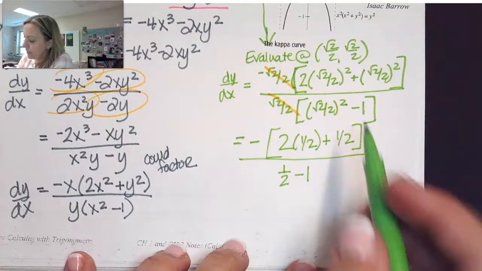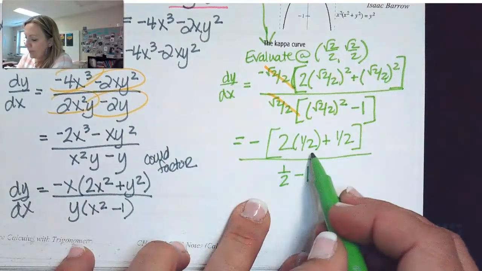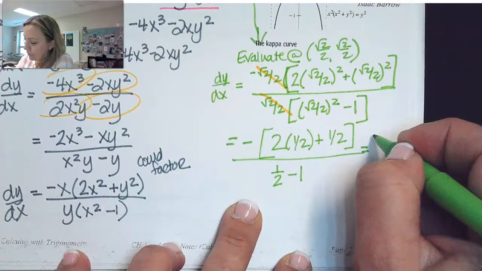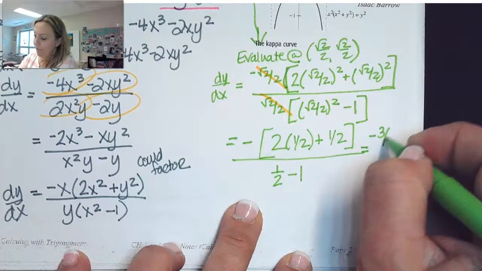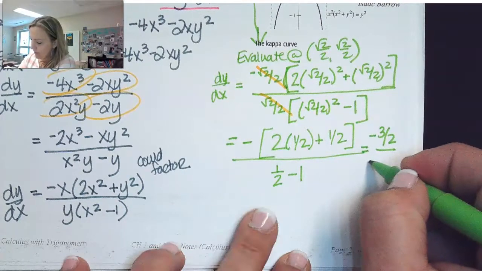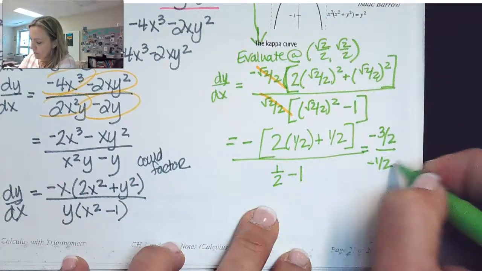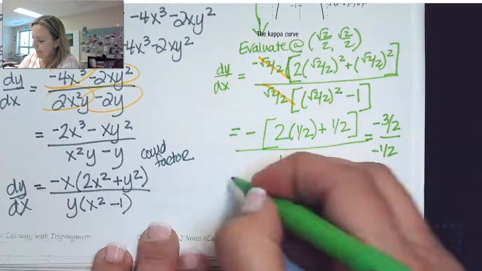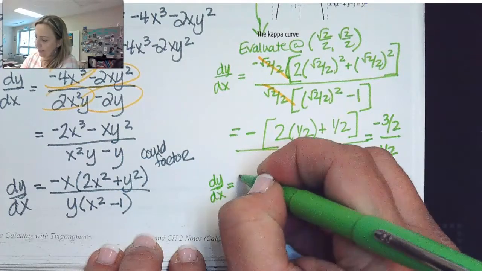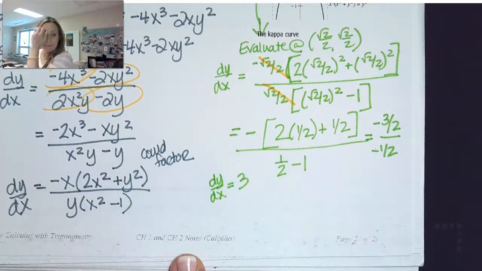So this is going to be 1 plus 1/2, which is 3 over 2, and there's a negative up here, so negative 3 over 2 over 1/2 minus 1, which is negative 1/2. So I can see that at that specific point, my dy/dx is going to be positive 3. Do you guys agree with that?